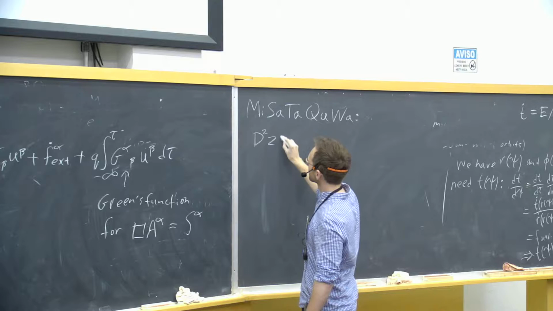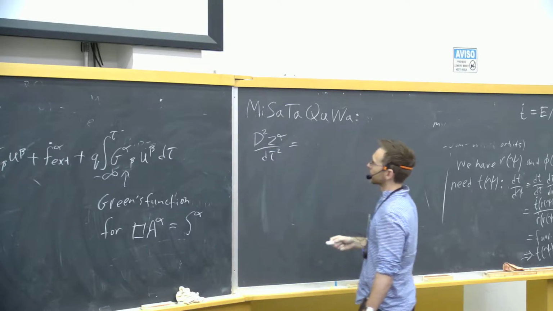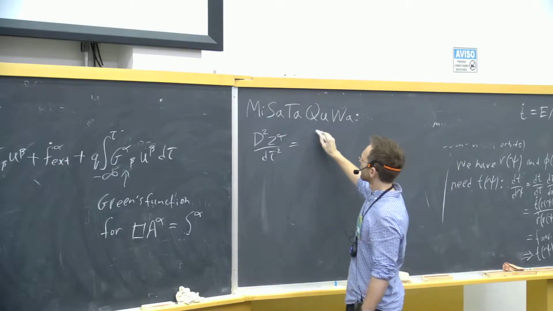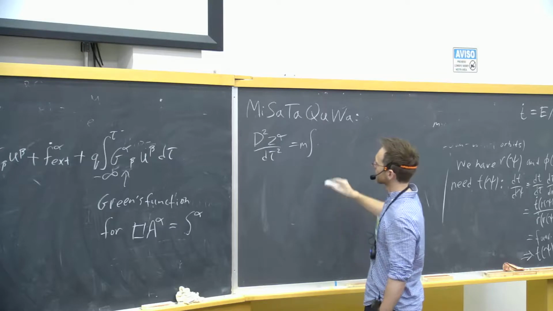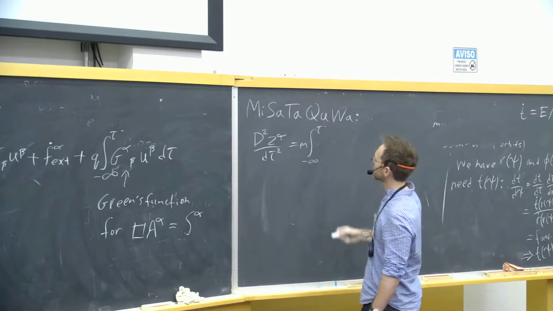So this is the first order equation of motion in the Lorenz gauge, and it again has the form of this tail integral.